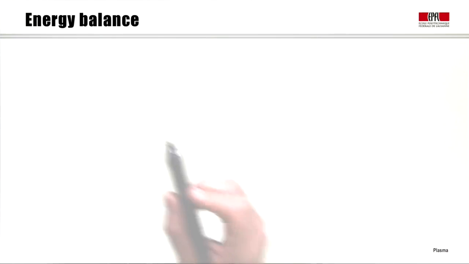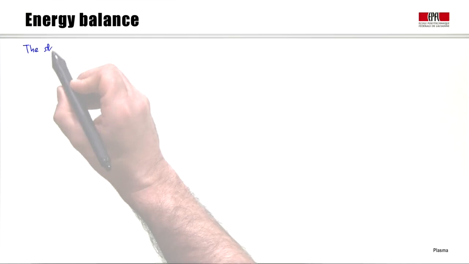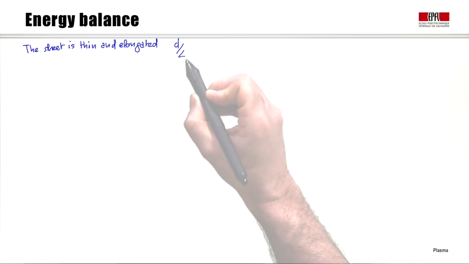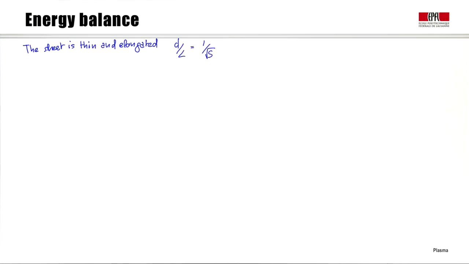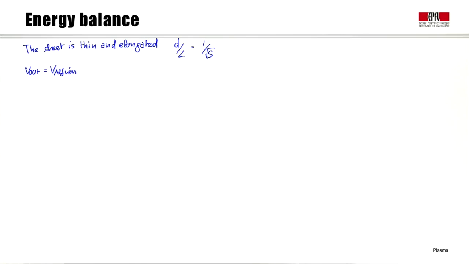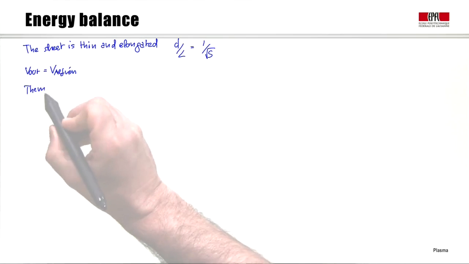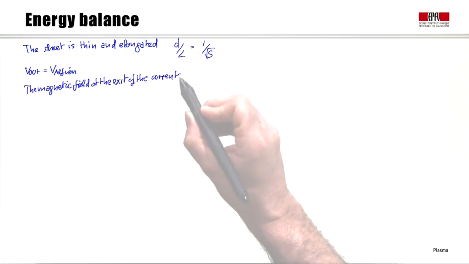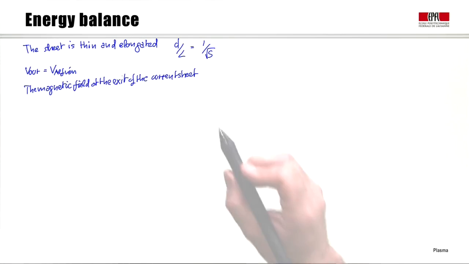Let's now do some energetic considerations. In the Sweet-Parker model, the sheet is thin and elongated. The plasma outflows from the current sheet at the Alfvén velocity. We can also compute the magnetic field at the exit of the current sheet using the flux conservation.